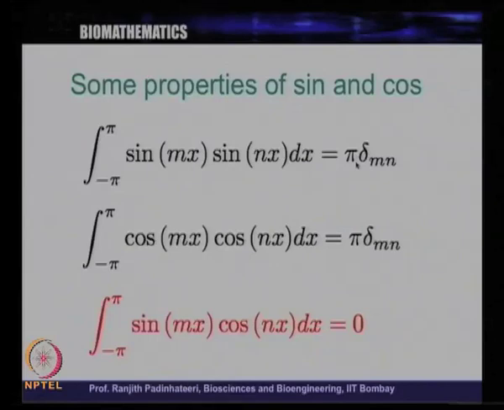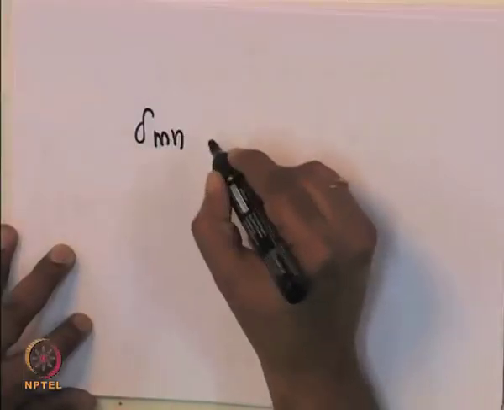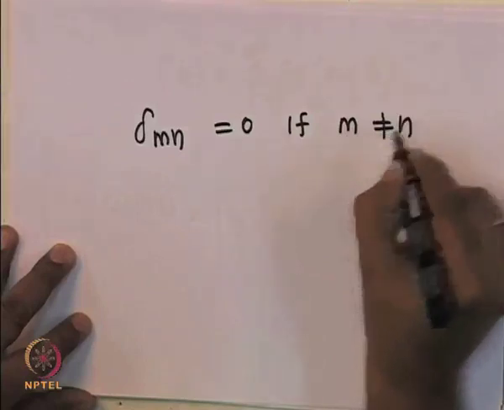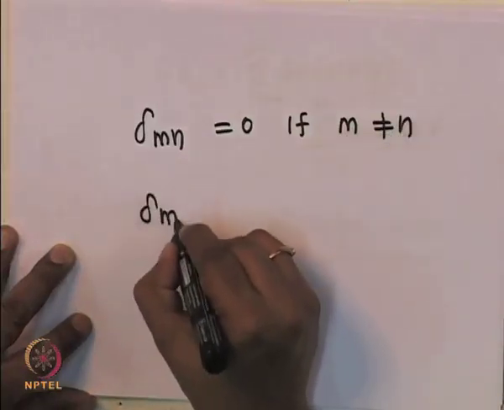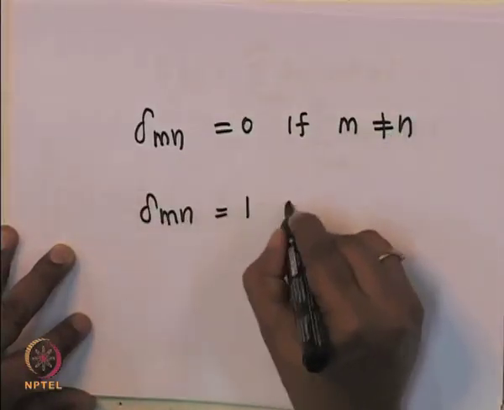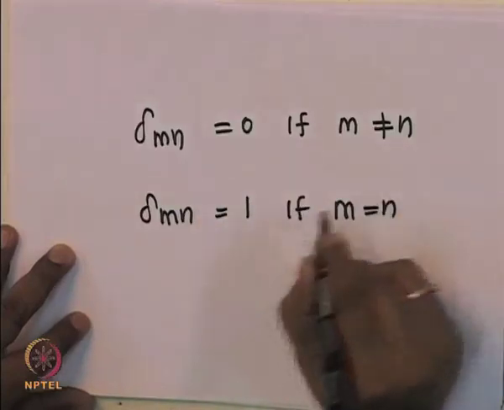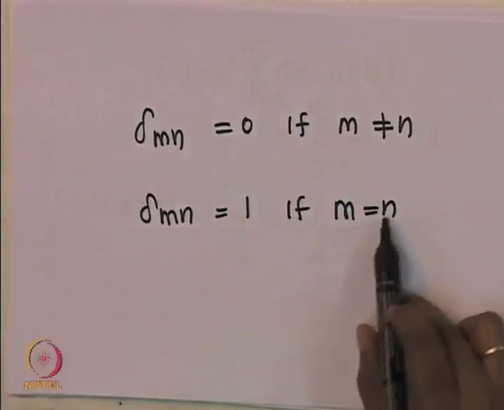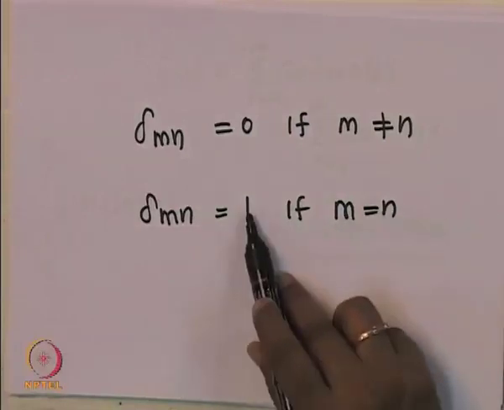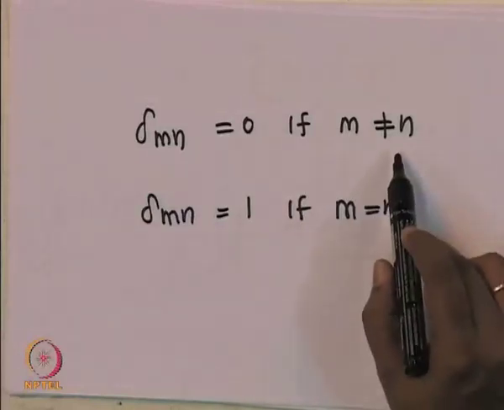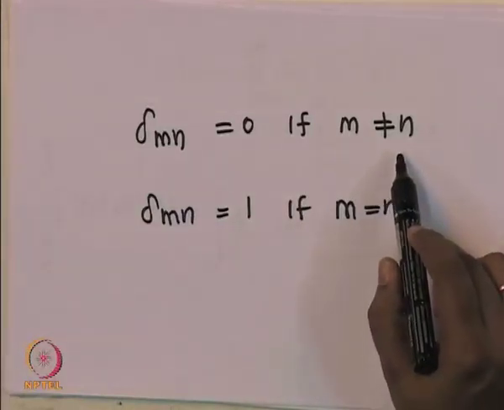Delta m n is called the Kronecker delta. Delta m n is 0 if m is not equal to n, and delta m n is 1 if m equals n. So, if m and n are equal, you get 1. If m and n are not equal, you get 0.